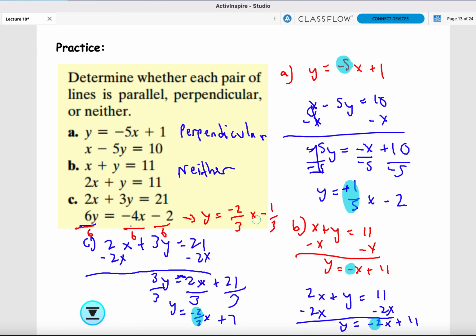So right there, look at the m here. Negative 2/3, negative 2/3. If they have the same slope, then they are parallel. And we are done with this practice problem, guys. So this has a lot of practice with solving for y. So make sure you're doing that on your own, practicing solving for y, getting the same answers as I'm getting.